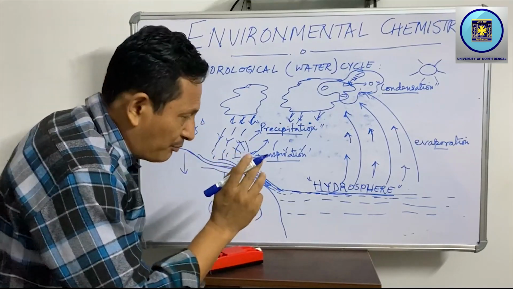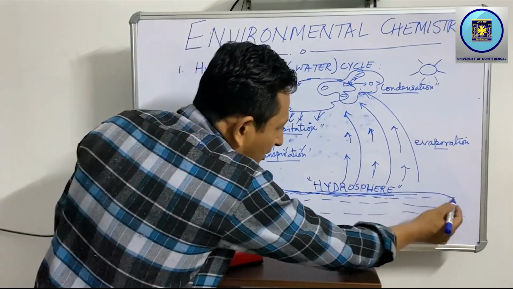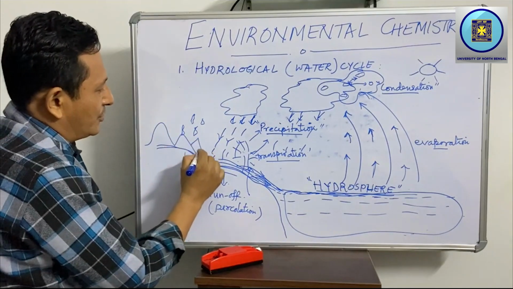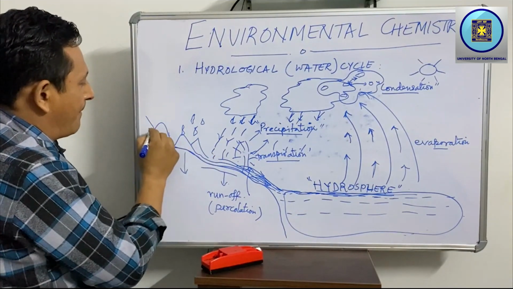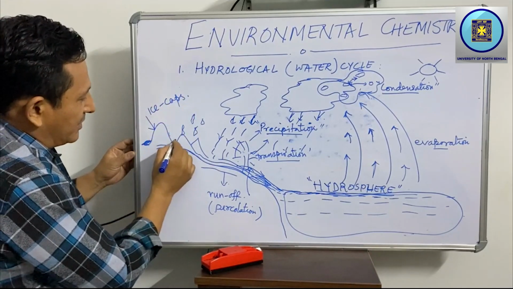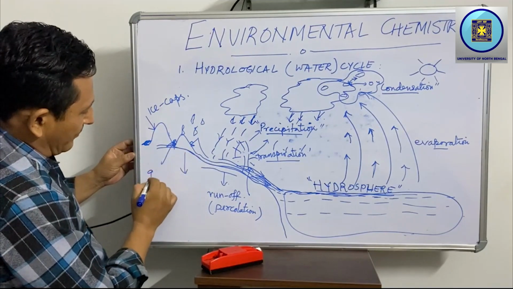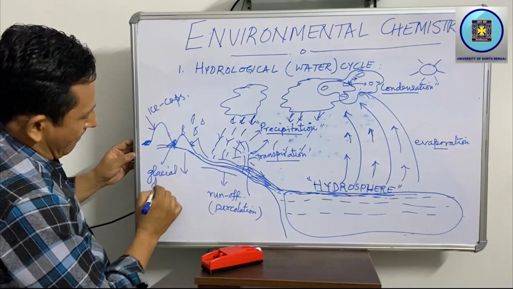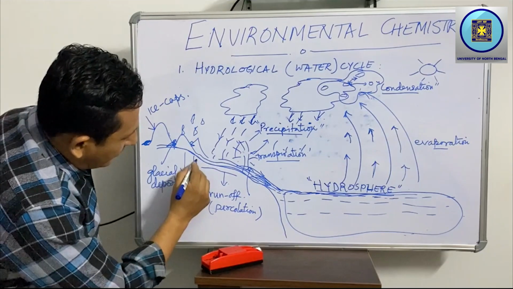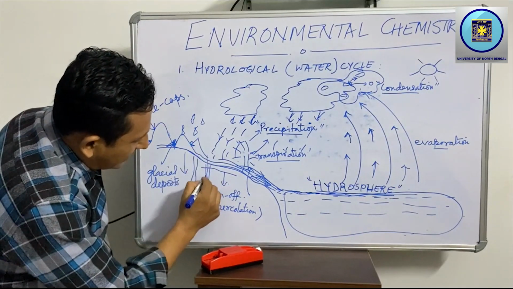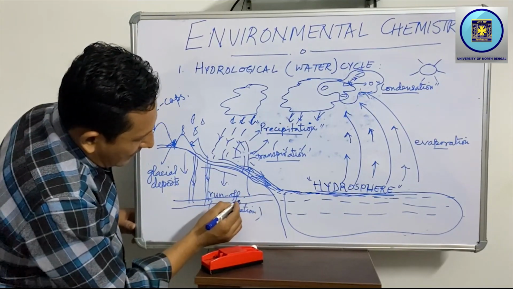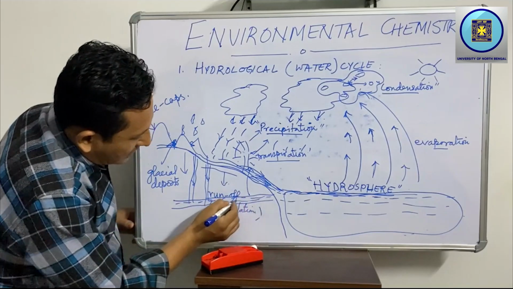Meaning the components of the hydrosphere are the ocean, the ice caps, glacial deposits, all the water that has percolated down inside the earth and remains in a water table.